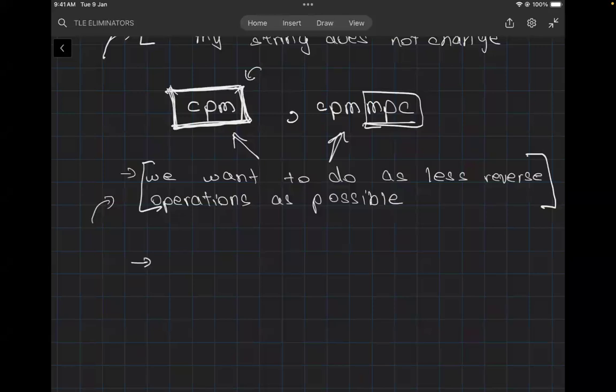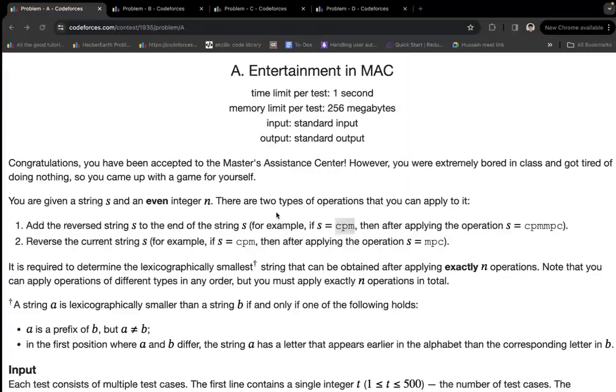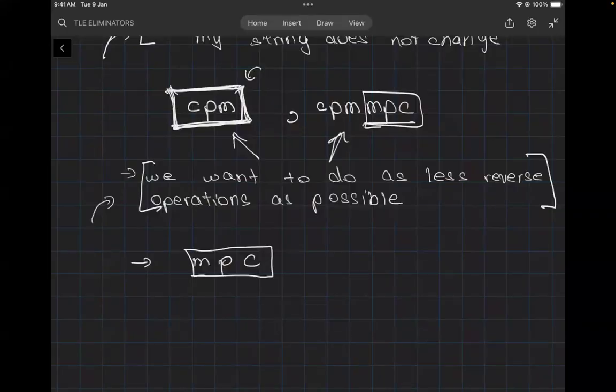The last observation, and basically the solution to this problem, is this. Let's say I have MPC. This is the string that I have, and in the problem statement it is given that n is even.